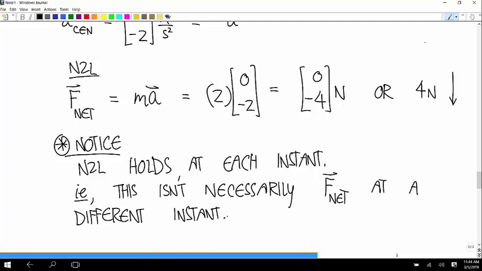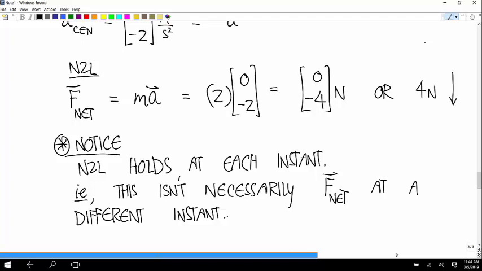Okay, any questions about that? Yes. So for net force, you're a person riding on it? Well, actually, now that I think about it, I would say not quite, because you tend to feel contact forces from individual forces.